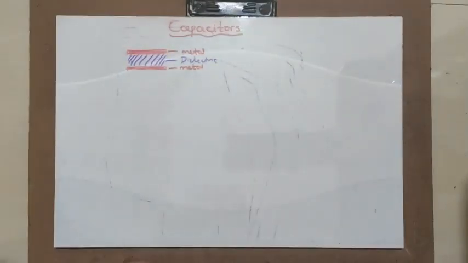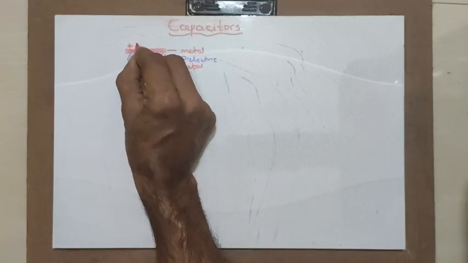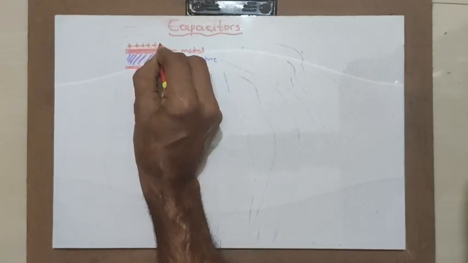We shall say that the capacitor is one which consists of two metallic plates, in between which a dielectric is stuffed. Now the metallic plates are mainly used to store the charges, equal and opposite charges.